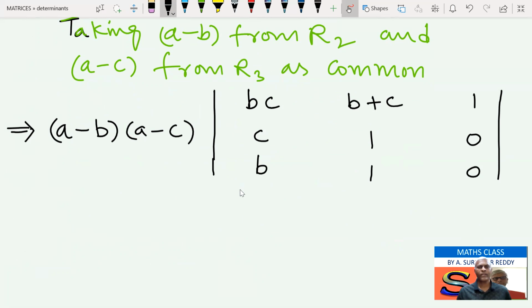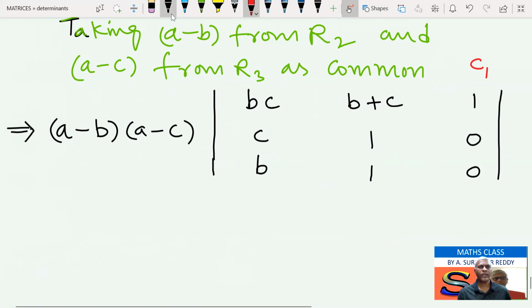Now let us expand, find the determinant by using the definition along C1. The determinant can be calculated taking any row or any column.